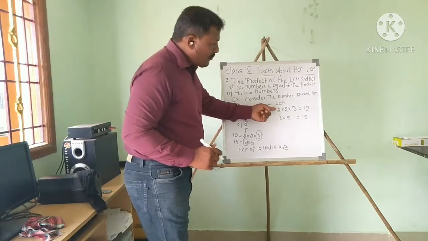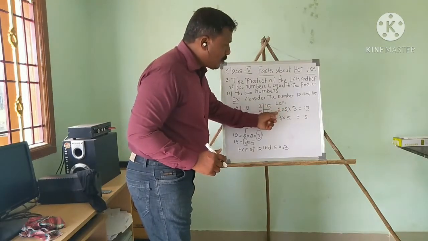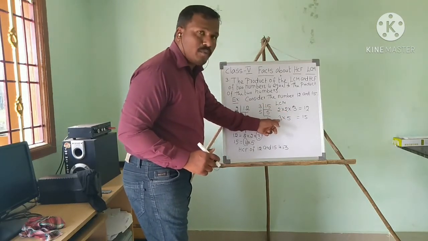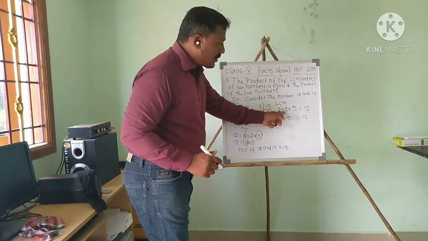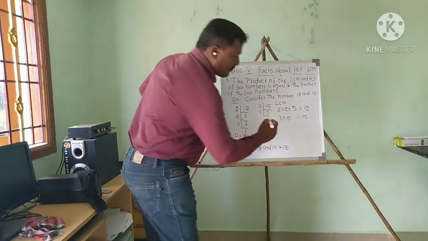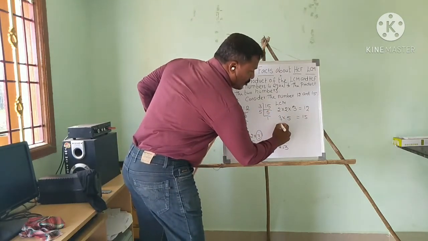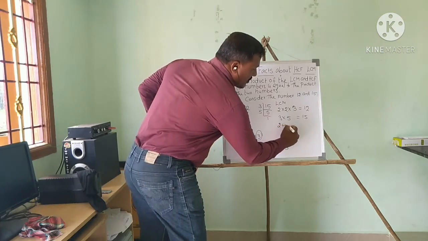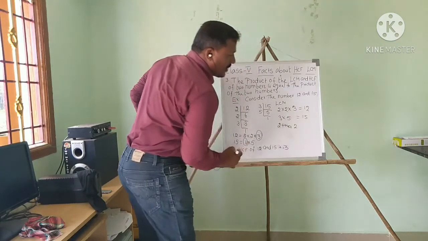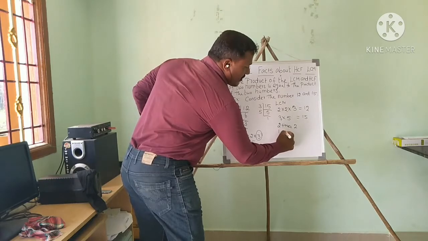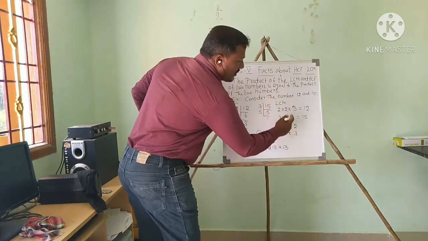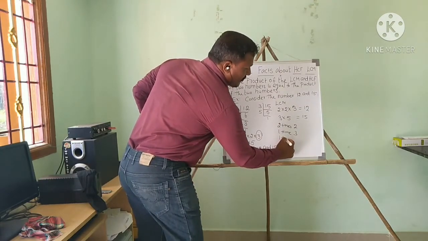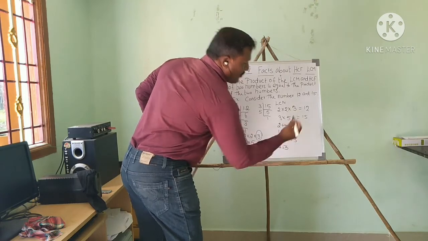So here 2, how many times? 2 times. Here there is no 2. Here 2 times 2 is there, see. 2 times 2. 1 time 3. 1 time 5.